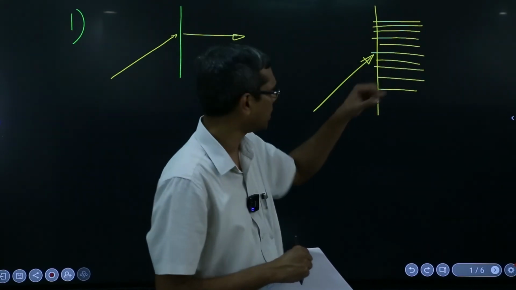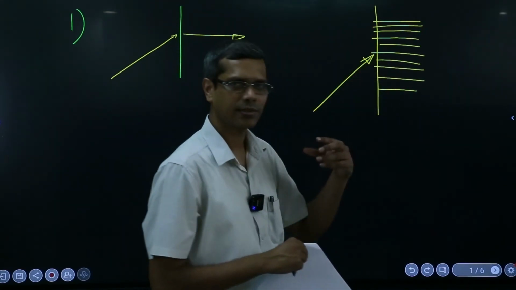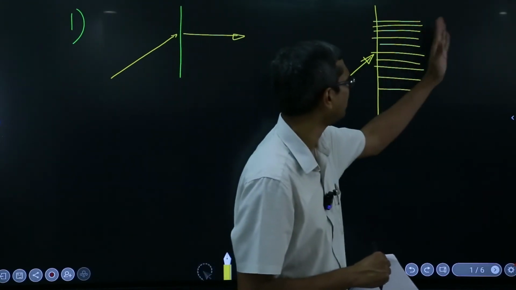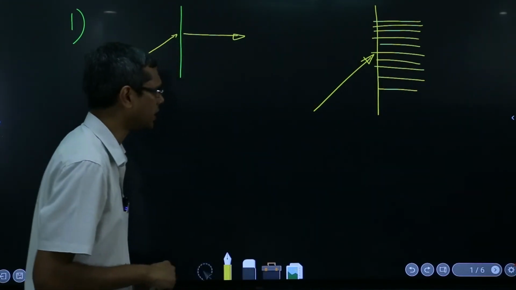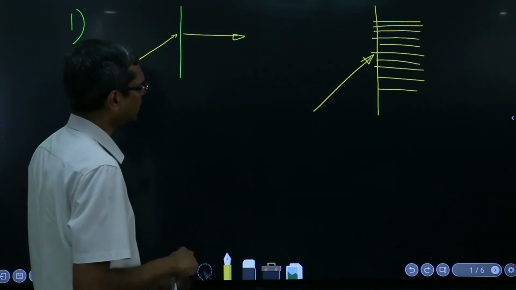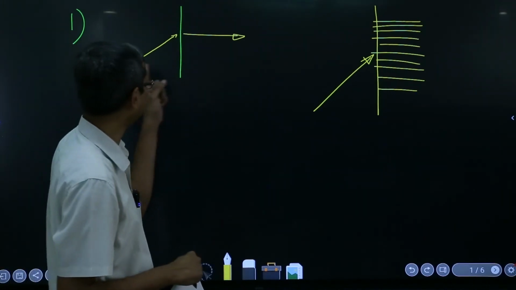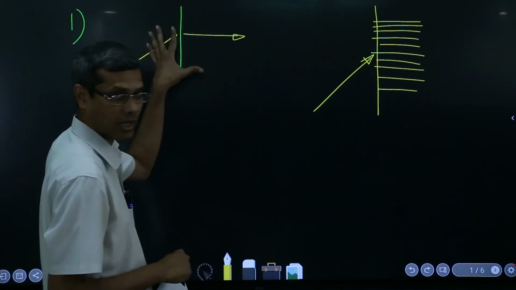Every such tube contains some fluid, so wave propagation this side is quite easier. That is one condition in which this kind of situation may come up.